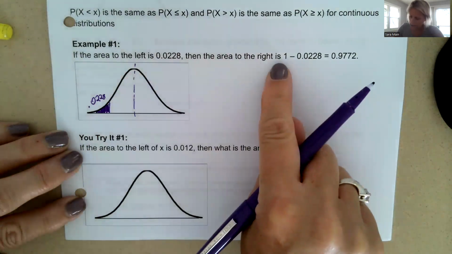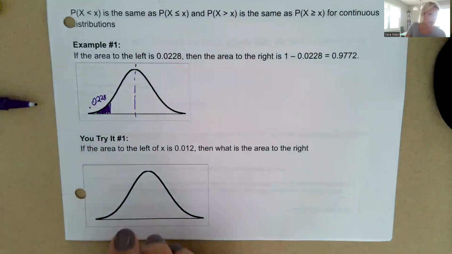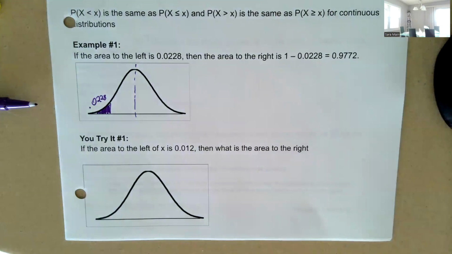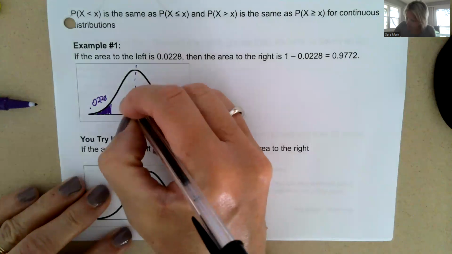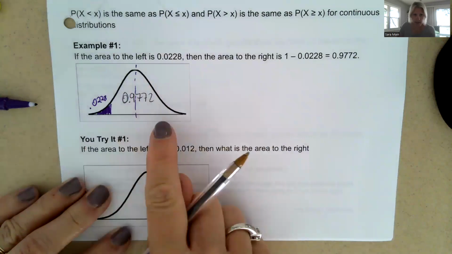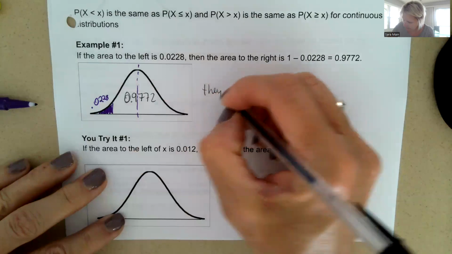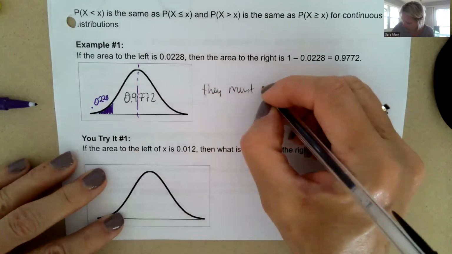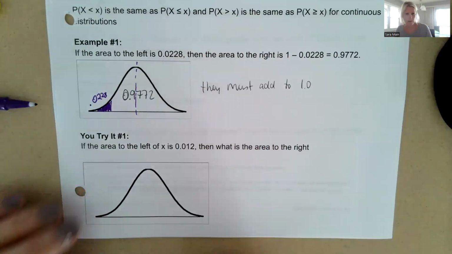Then the area to the right is 1 minus 0.0228, and that's 0.9772. So let's write that. This area right here is 0.9772. They add to 1. They must add to 1.